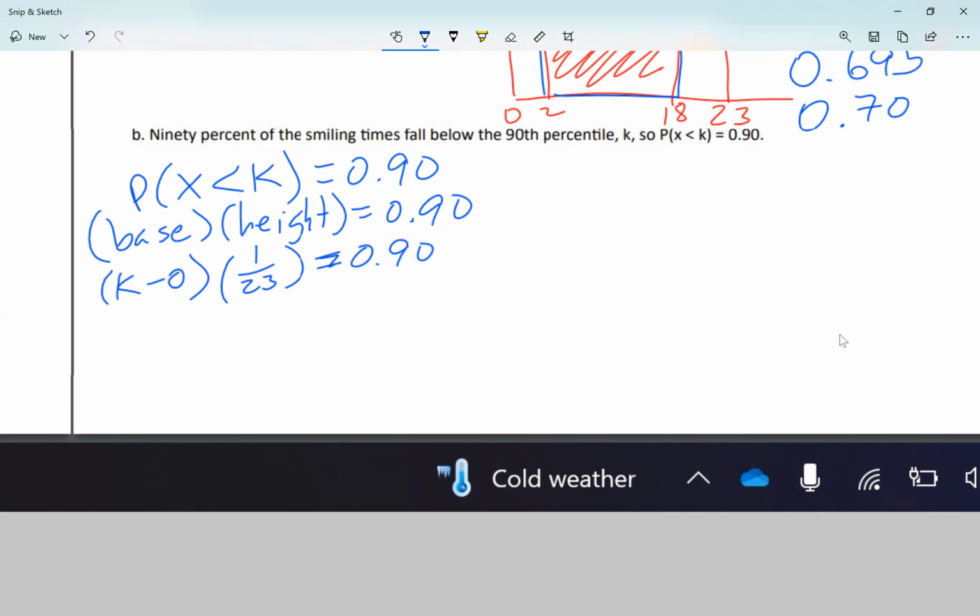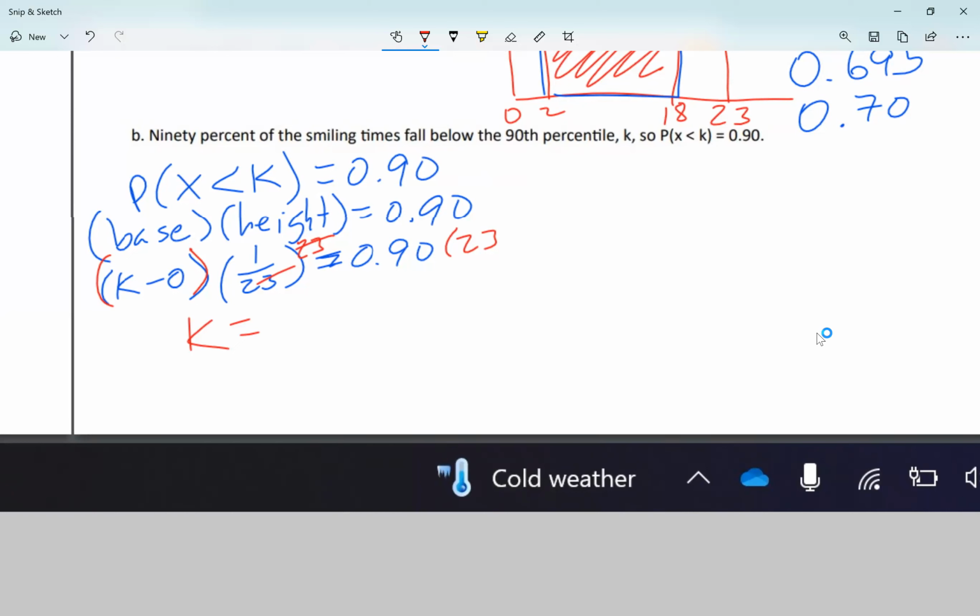Okay. Let's solve for K. Let me multiply both sides by 23, because that way this cancels out. The parentheses that I have left is K minus 0. But is it okay if I just write K? Because K minus 0 is just K, right?